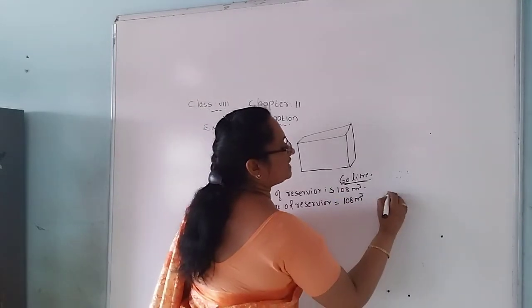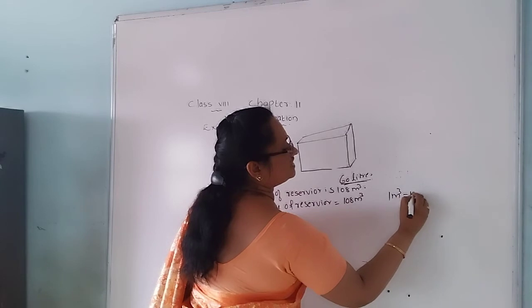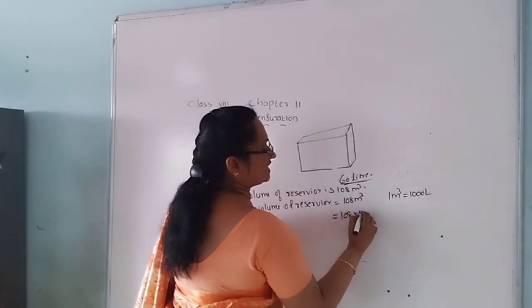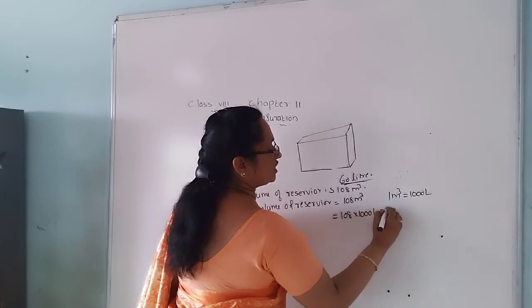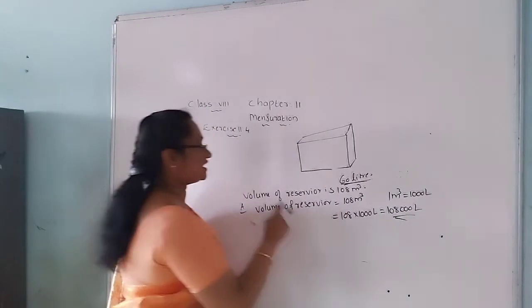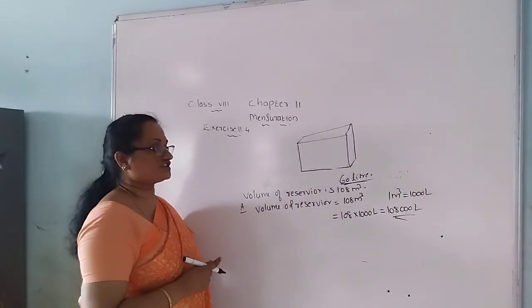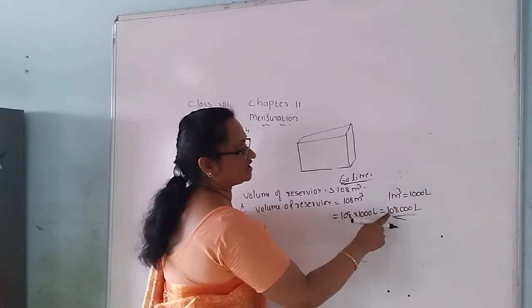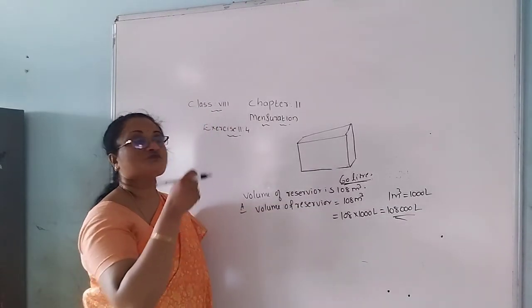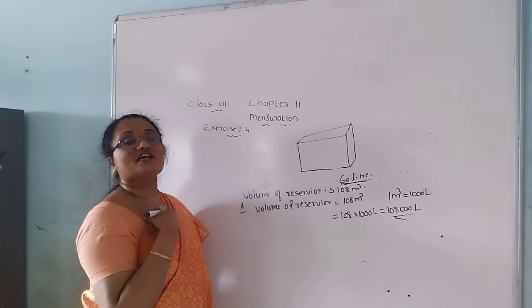We already learned 1 meter cube contains 1000 liters. That's why 108 is multiplied with 1000 liters. So 108,000 liters. So our water tank's capacity becomes 108,000 liters. This big cuboid water tank can hold 108,000 liters.